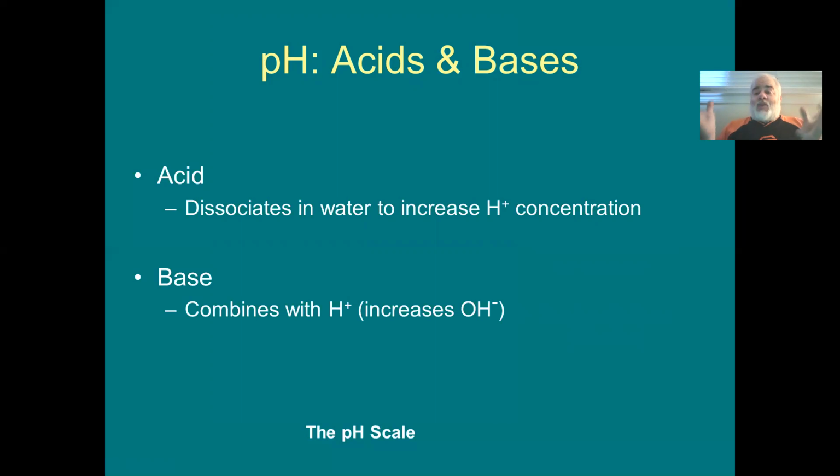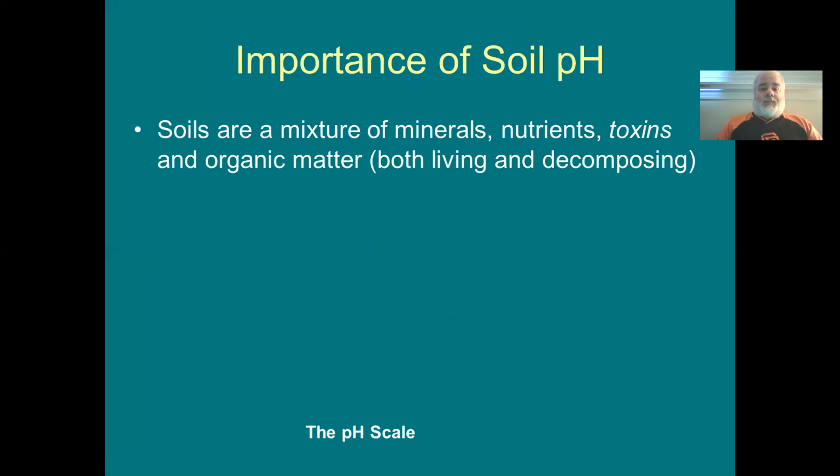And what happens when you create hydroxides and they bump into hydrogen? They just become water. So effectively, when you increase hydroxides, you're essentially taking out hydrogens, because the hydrogens, when they bump into hydroxide, turn back into water. So that is what an acid and a base is.